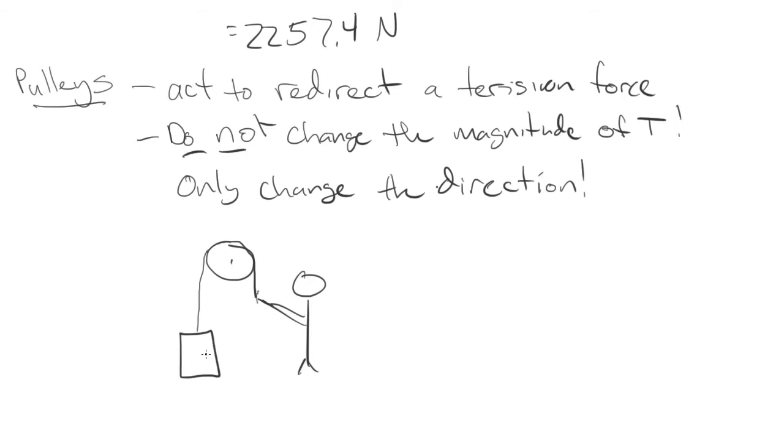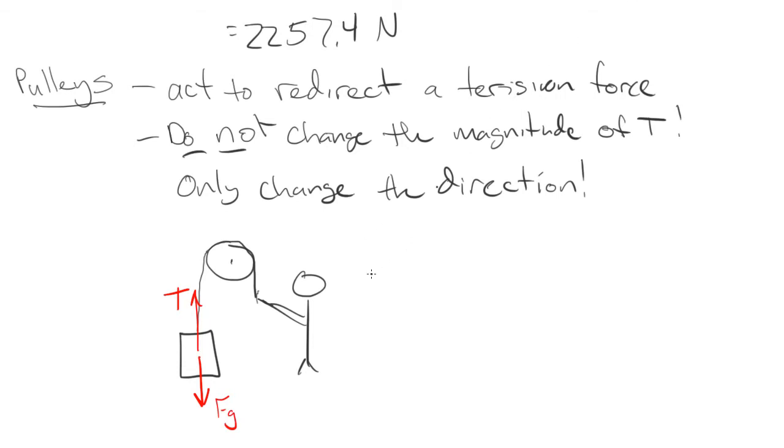If we look at this picture, we'll give this thing a mass, so it has some force due to gravity acting on it. Pulling up on this thing is the force of tension, T. The pulley doesn't change the magnitude, so the tension force is transmitted all the way along this rope to the person. So the question is, how hard does the person have to pull down?